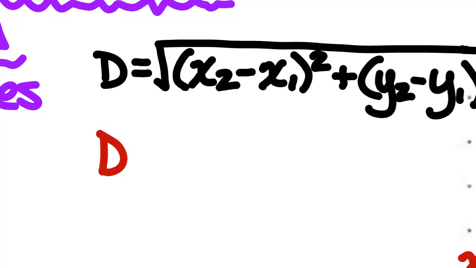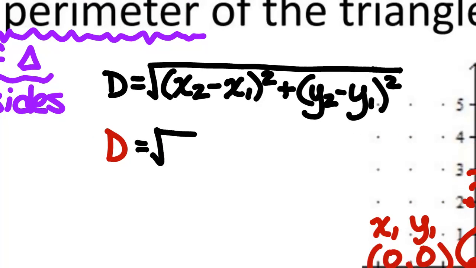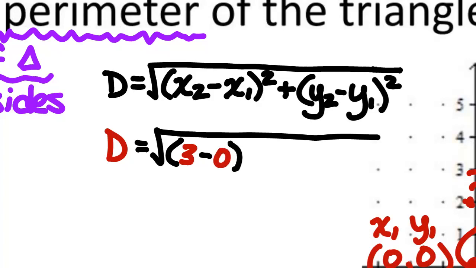All right, so let's take that and substitute into our distance formula. So I have distance is equal to, and then I've got my big old square root sign here. x2, what was our x2? 3. Minus my x1, what's x1? 0. Close my parentheses and square it. Plus y2, 4.